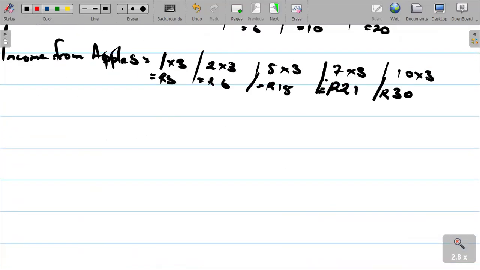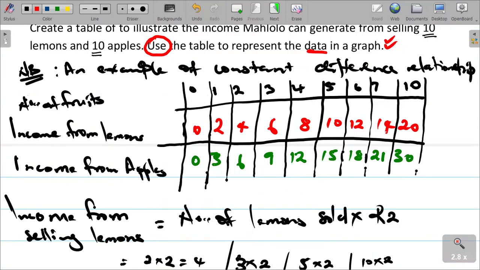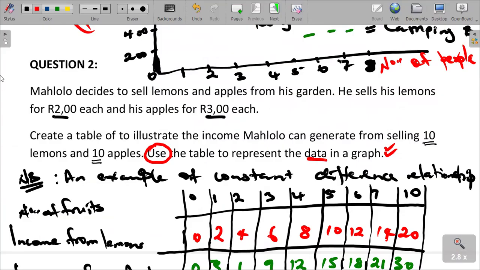Our graph has to have a title. The farmer, we can just say it's Mr. Maklolo.